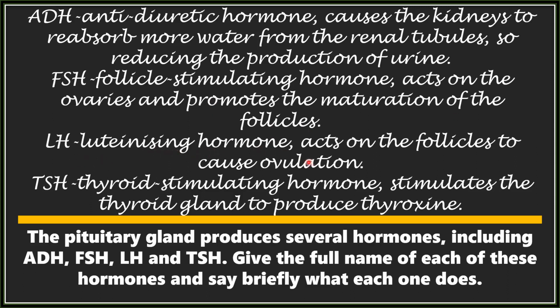LH, luteinizing hormone, acts on the follicle to cause ovulation. TSH, thyroid-stimulating hormone, stimulates the thyroid gland to produce thyroxine.